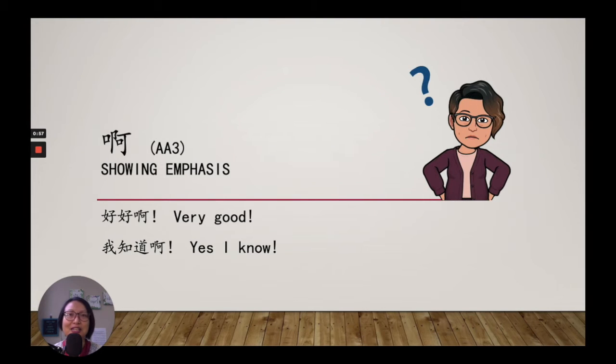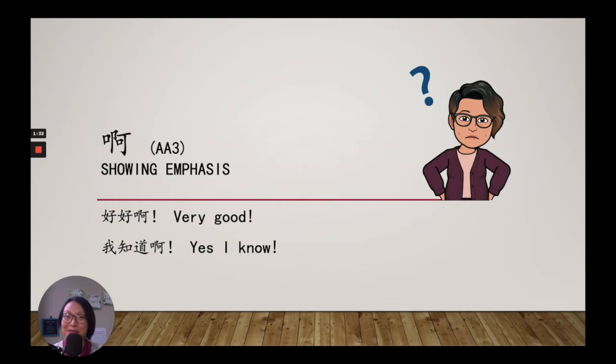The first one, you may hear a lot of times already. You may hear it anywhere, in all situations, and it is to emphasize something. Like when we say 好好啊, you know 好好 means good. And when we say 好好啊, that means, oh, very good, 好好啊. Well, you may probably hear me saying it all the time during class.